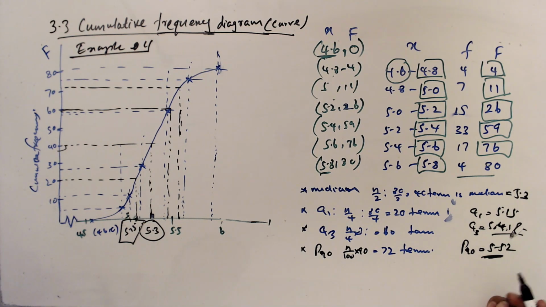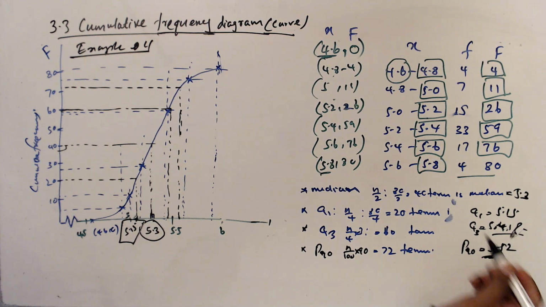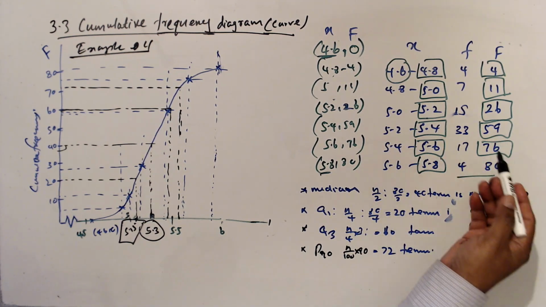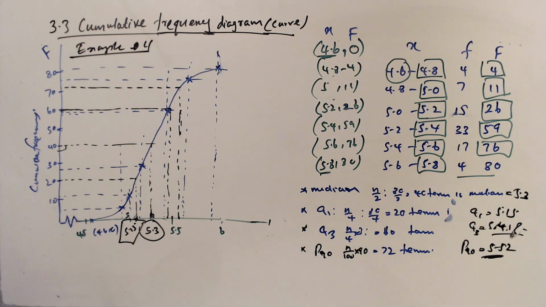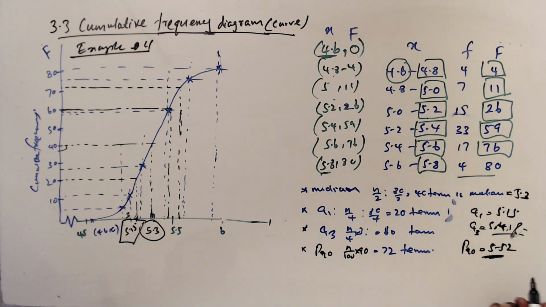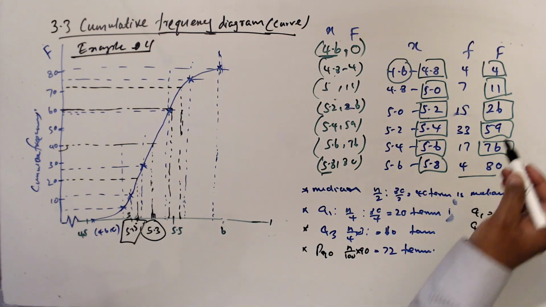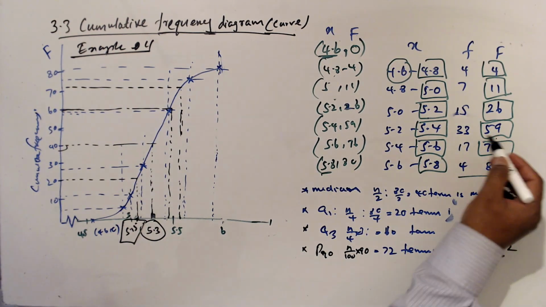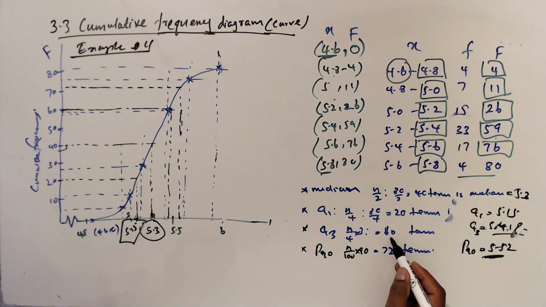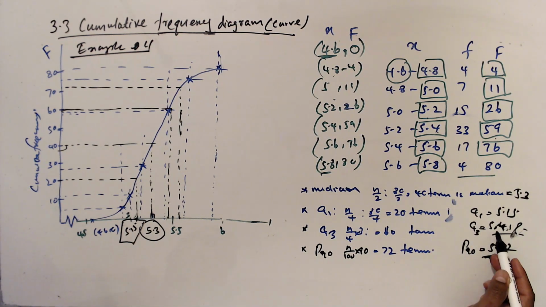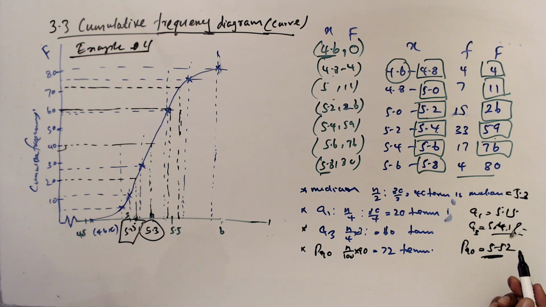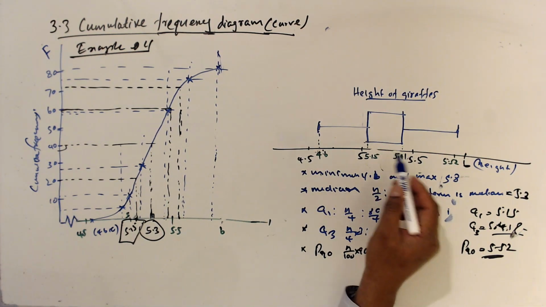In the book they put around 5.4. 5.4 is 59, so the 60th value should be a bit more than that. I plotted the box plot.